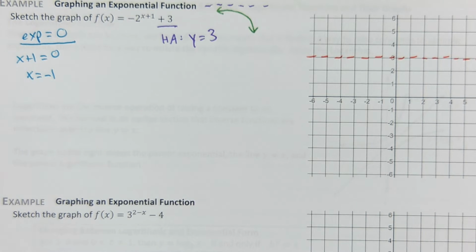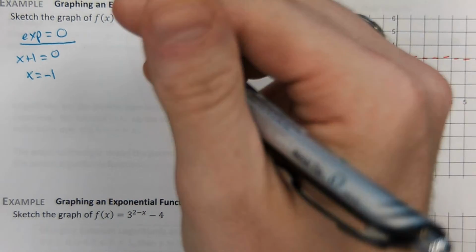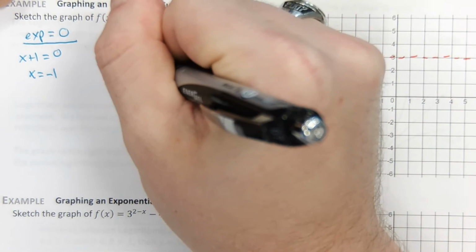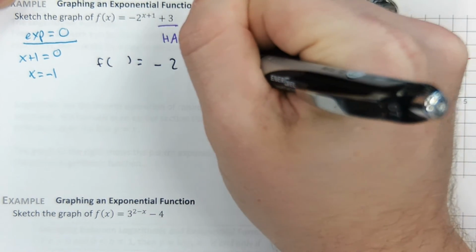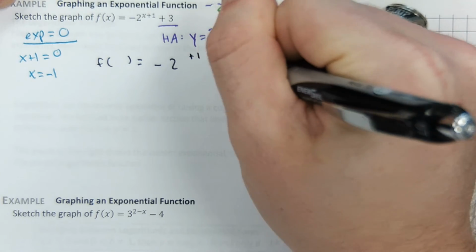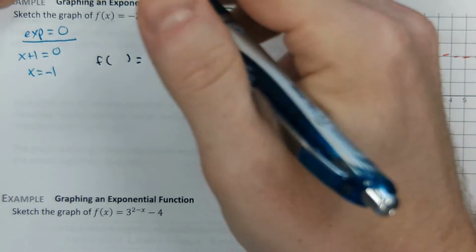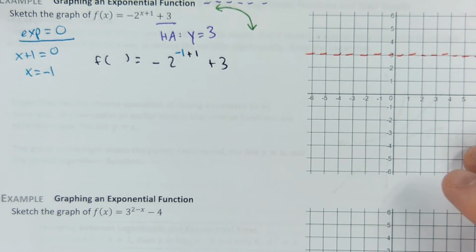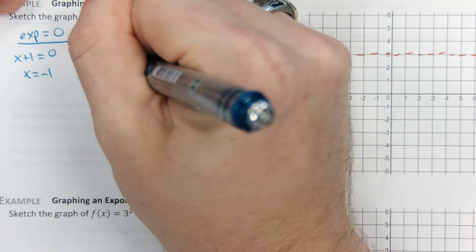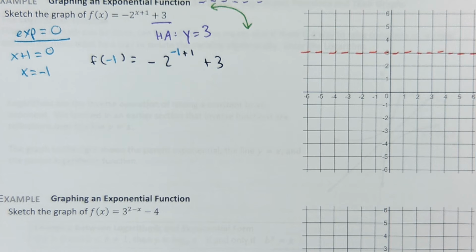And once we do, we have our first coordinate. So everywhere that I have an x, I'm going to put a -1. I almost forgot to put it there. Time to evaluate.